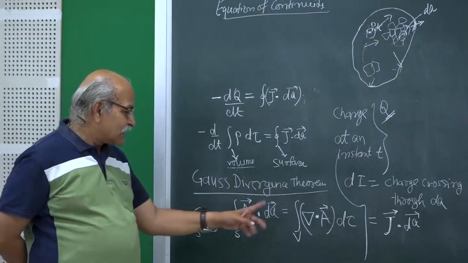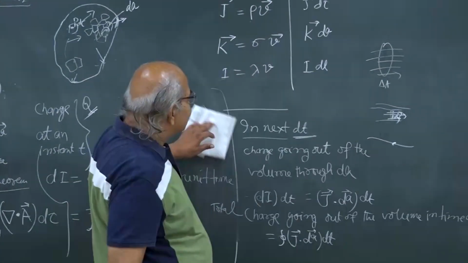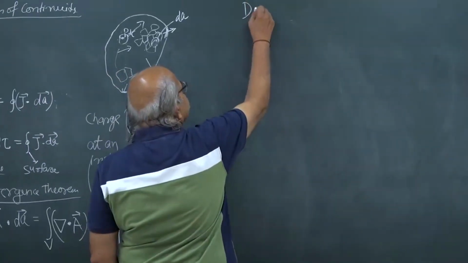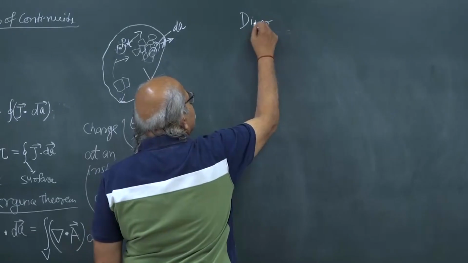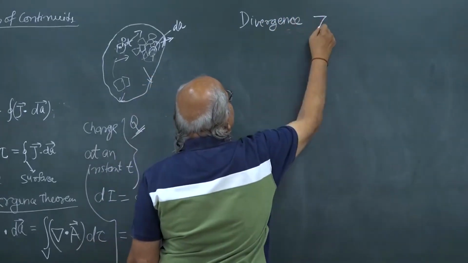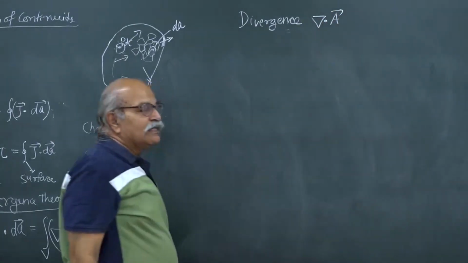Okay. Now, what is this divergence? Once again we had talked about it at length in our part 1. Divergence of A is written like this. So, what is this quantity?